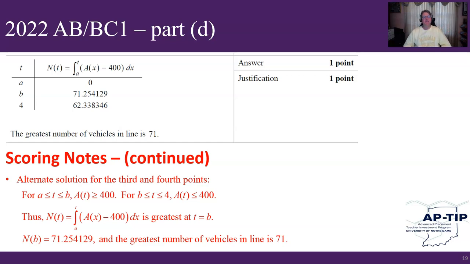But you can see that the student has to communicate that on the interval a to b, A of t was positive, and then from b to 4, A of t was negative. Then they would be in the game to earn the points for the justification without referring to a candidate's test.